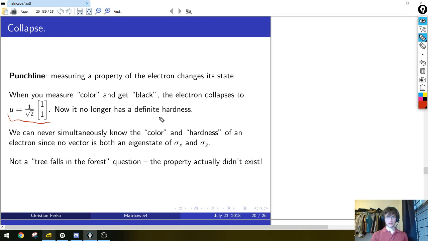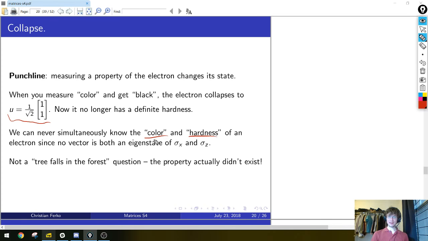The punchline of all of this is that we can never simultaneously know both the color and hardness of an electron. If you wanted to know for certain that an electron were both, say, black and soft, then that would mean it had to be an eigenvector of both of those two matrices, sigma x and sigma z. Right?